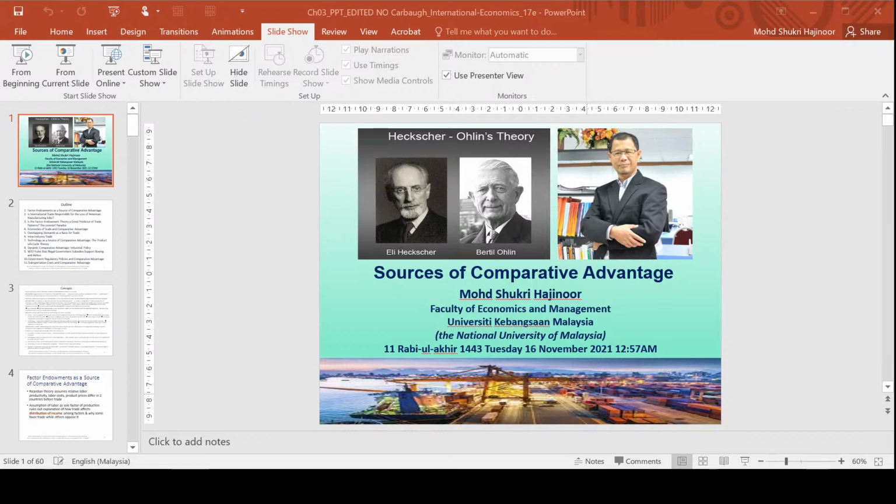You see the picture? Yes, China will specialize in textile because the shape of its production possibilities frontier goes more toward textile.